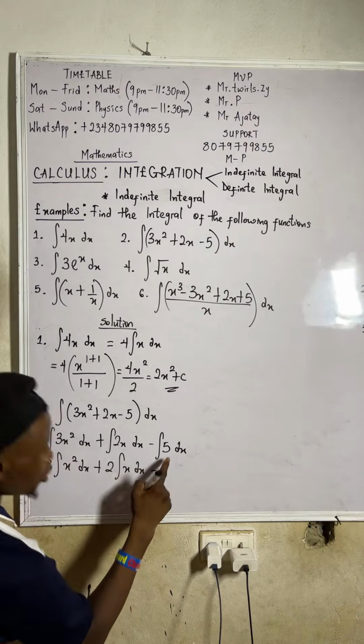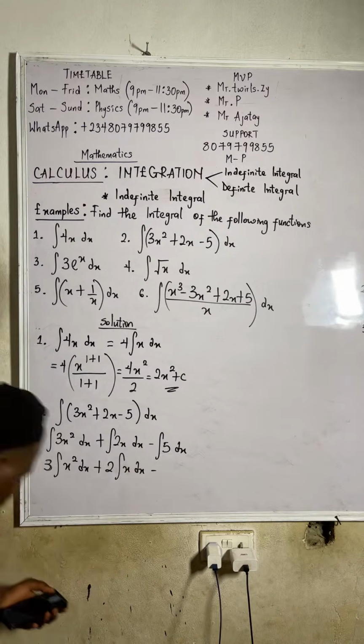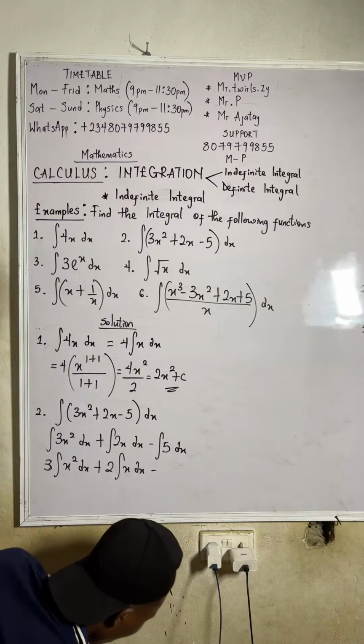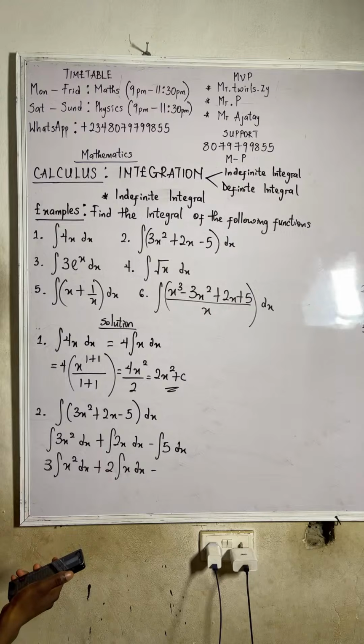Then here, you know that when you integrate 5, if you do not get this one, I will send you outside. If you integrate 5, what is your answer?